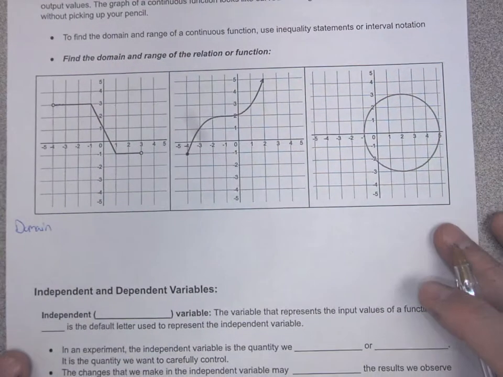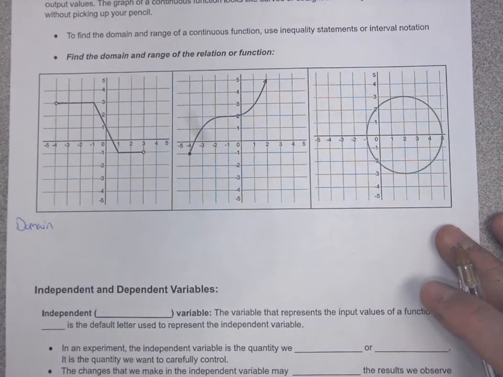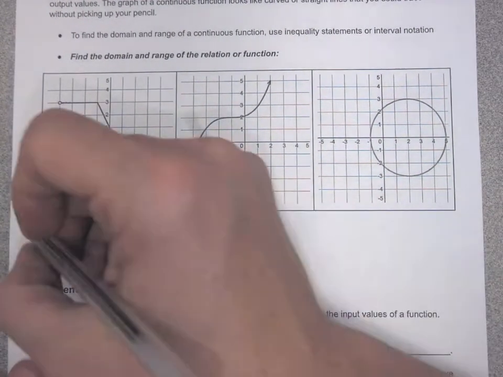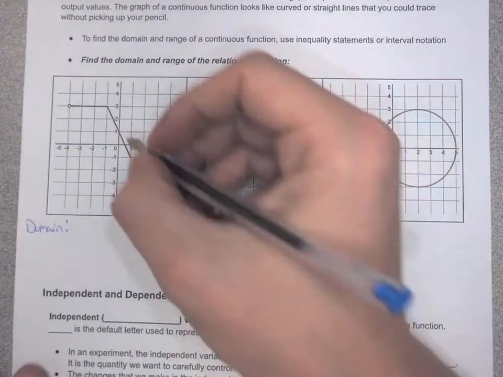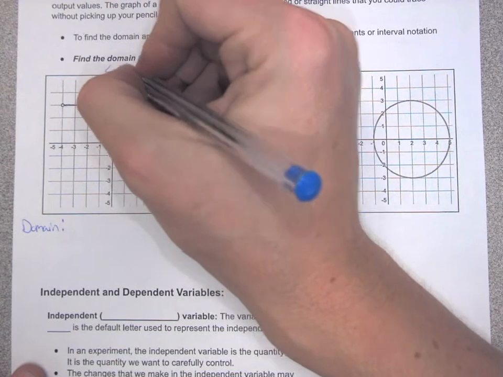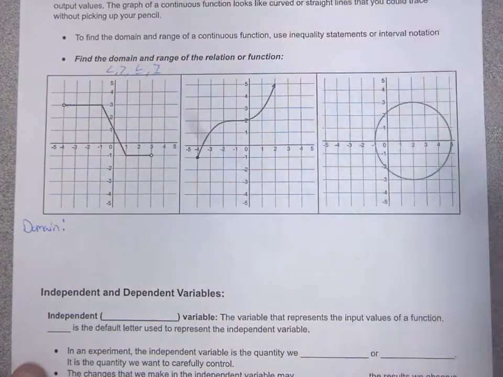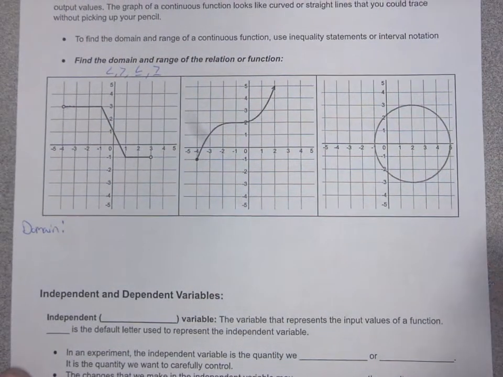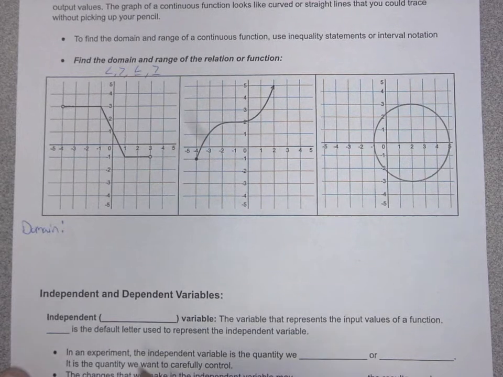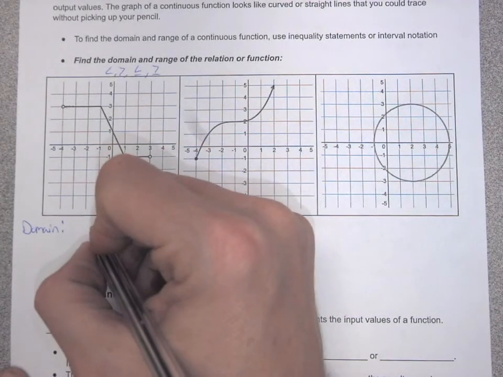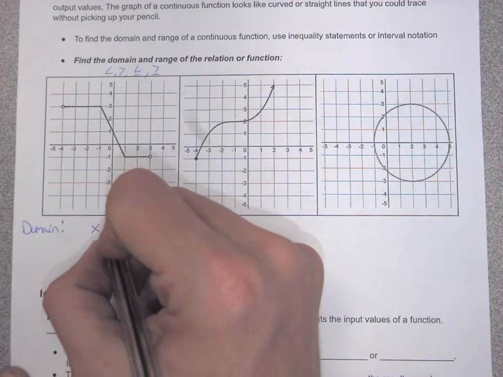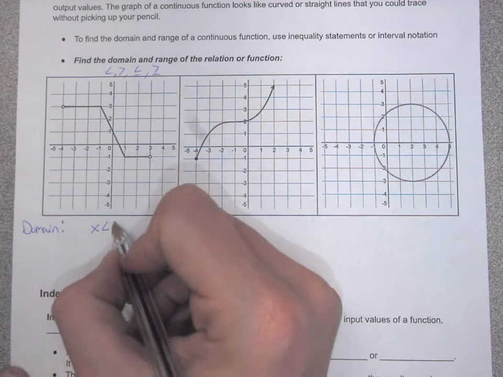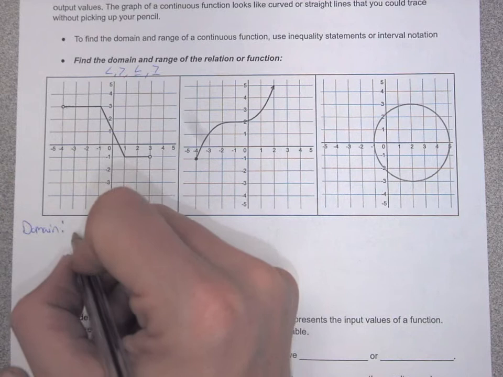There's two ways to do this. If we go back to when we were talking about inequalities, an inequality has one of these symbols: less than, greater than, less than or equal to, greater than or equal to. So what we could say here is that the x values are going to be less than 3, but they have to be greater than -4.